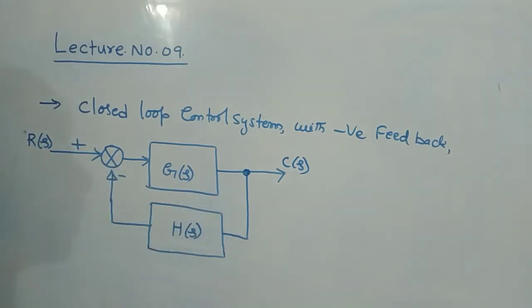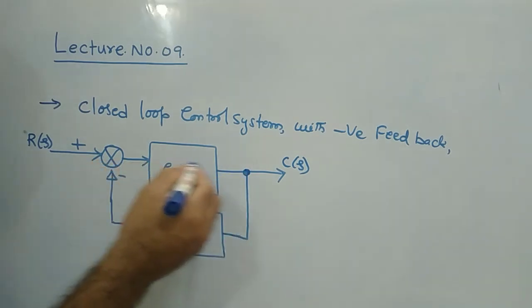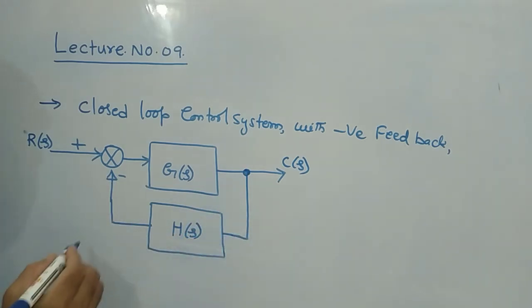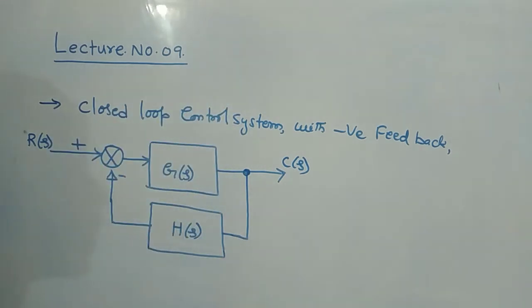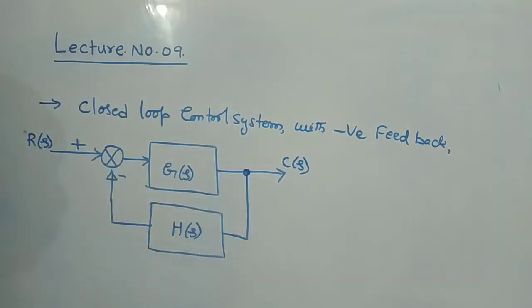This is what we have seen in our second session. This is a closed loop control system with negative feedback. This is a block diagram representation of a control system, whereas the example which we have considered is nothing but the same system with signal flow graph representation.